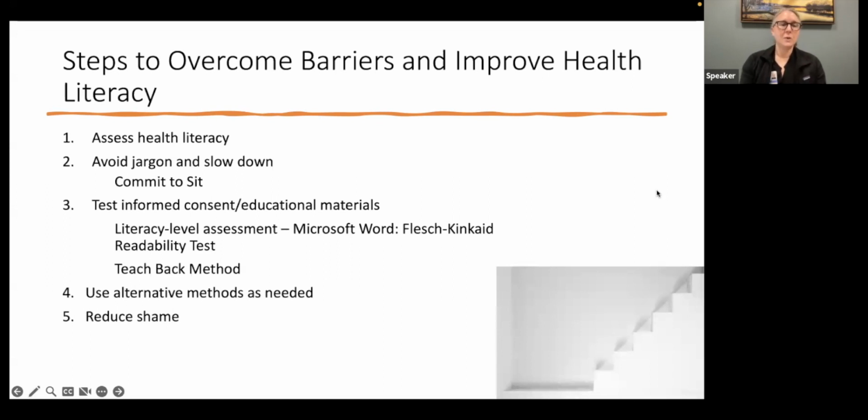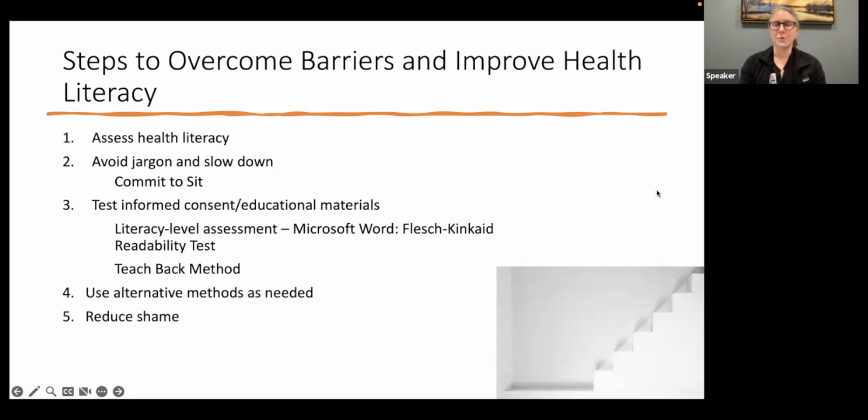Okay, so once we've assessed the patient's health literacy, now we want to share some information with the patient. We want to provide them some literature on, say, controlling their blood sugar or avoiding high blood pressure. The best thing that we can do at that time when we're giving that information is to avoid jargon and slow down.